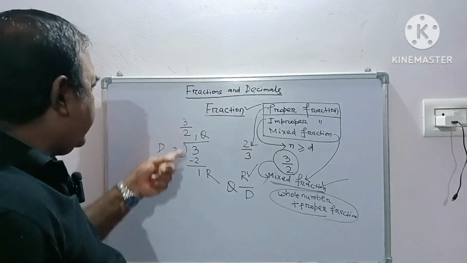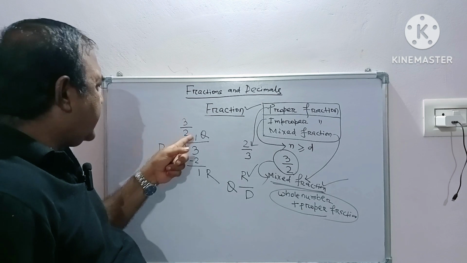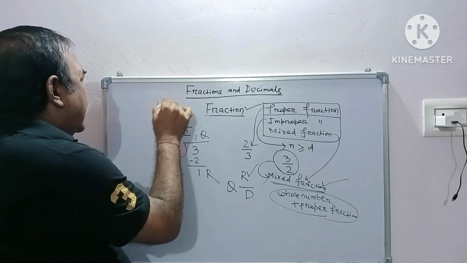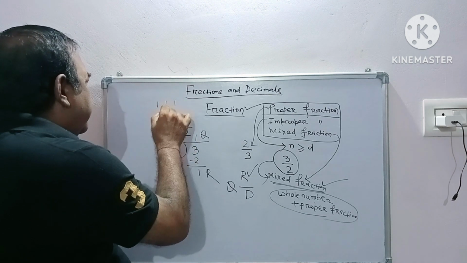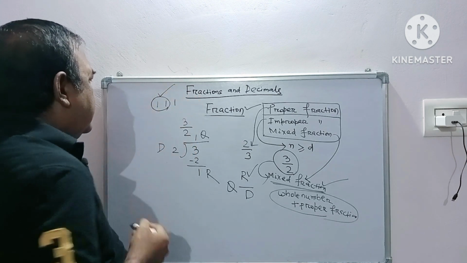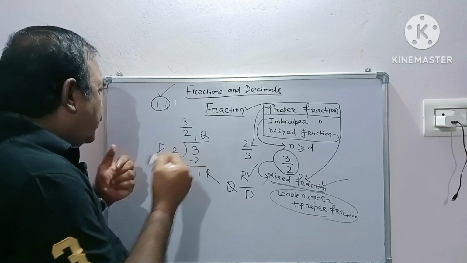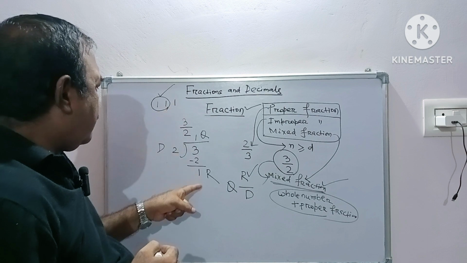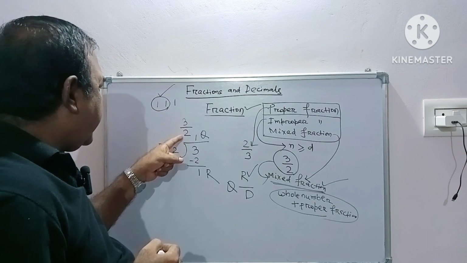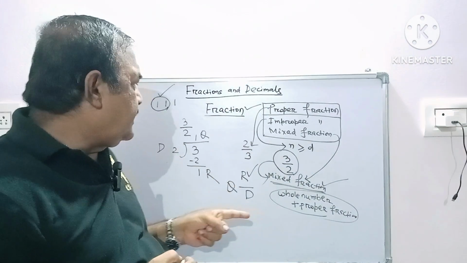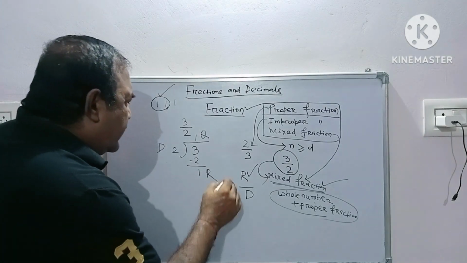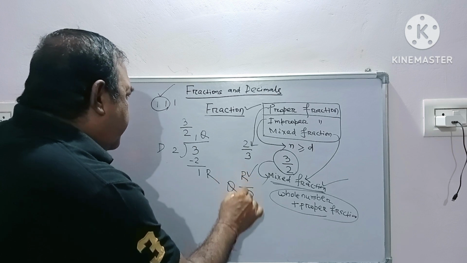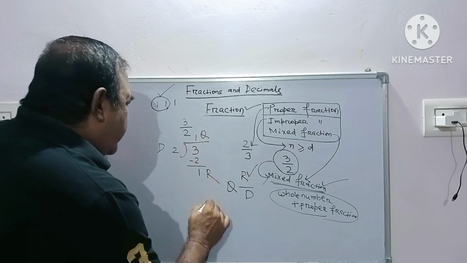You see, in 3, how many 2's are present? 1, 2 is present, so 1 is the quotient. What remained? 1. And we divided 3 by 2, so 2 is the divisor. So what will you write? Q whole number and R upon D. Here Q is 1.